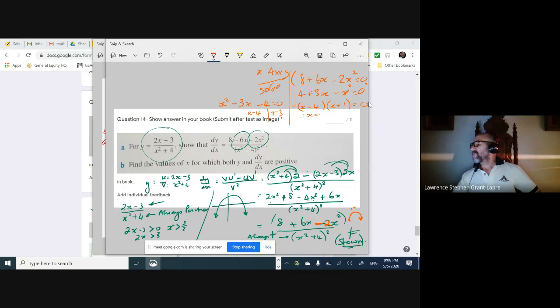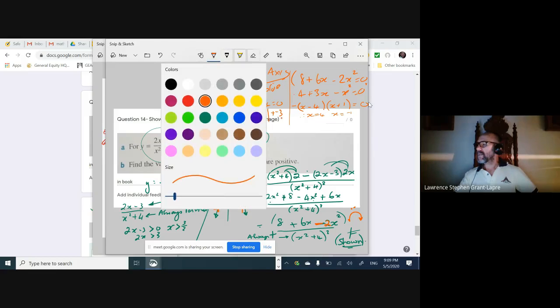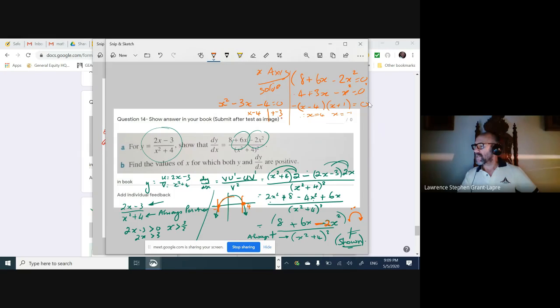Therefore, x equals 4, x equals -1. So this is 4, this is -1. All right, it's positive between, it's above the x-axis between -1 and 4.